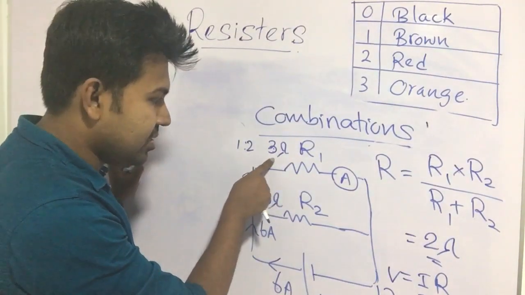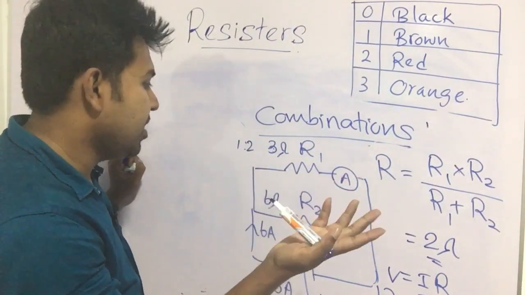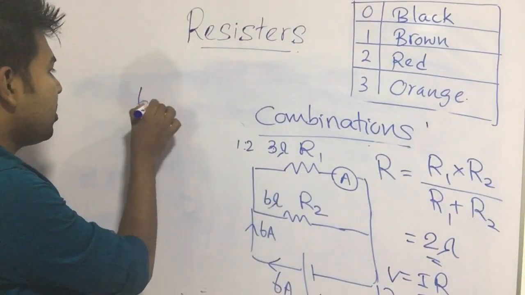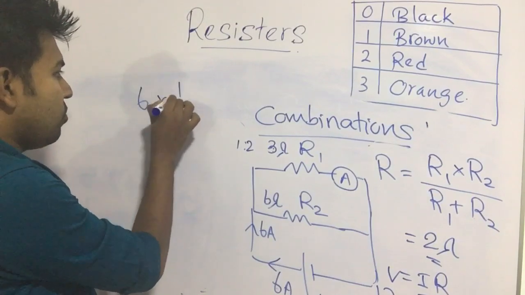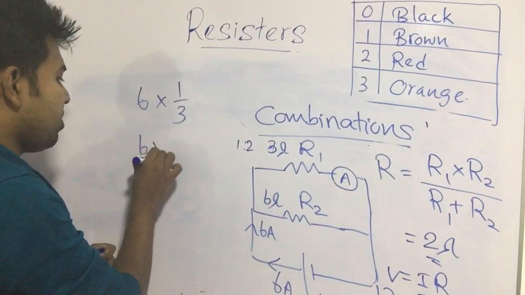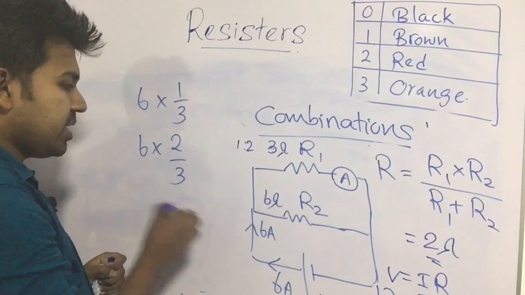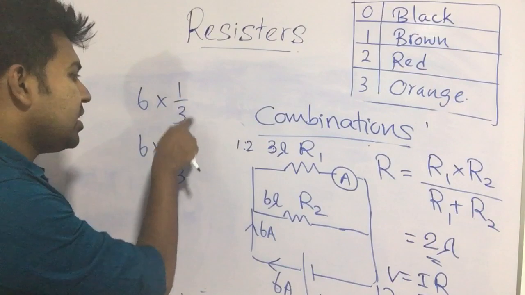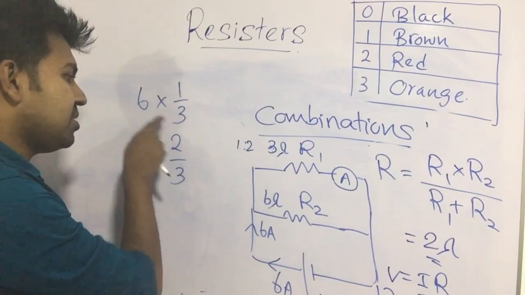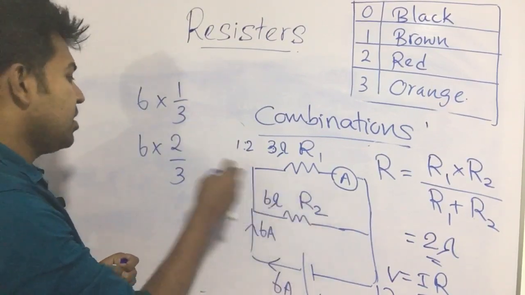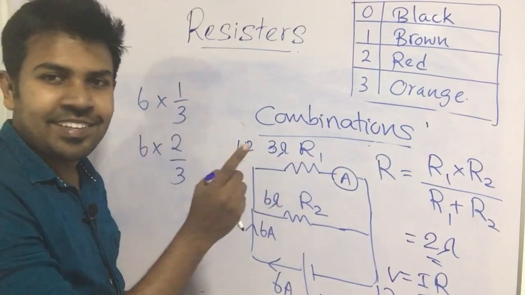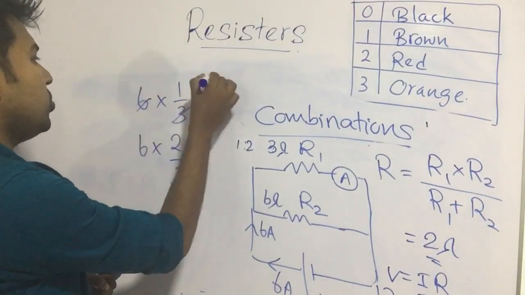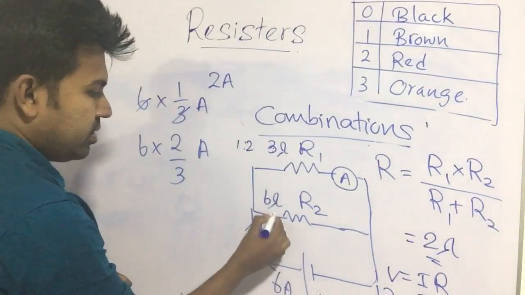If the resistance is less, current flow is high, you know simply. So therefore how you can divide this, you have to multiply 6 by 1/3 and 6 by 2/3, because the simple proportion is 1:2. So one third will travel from this side and 2/3 will travel from this side.